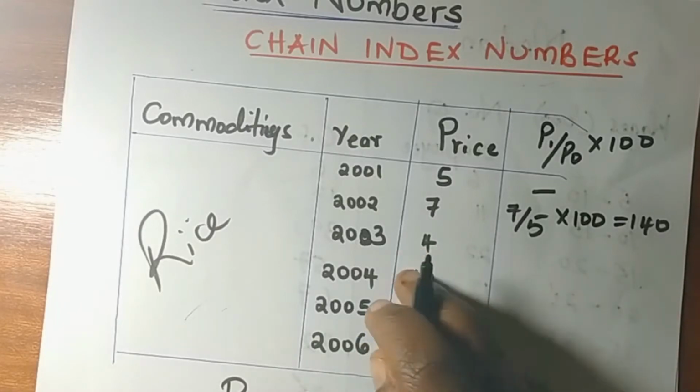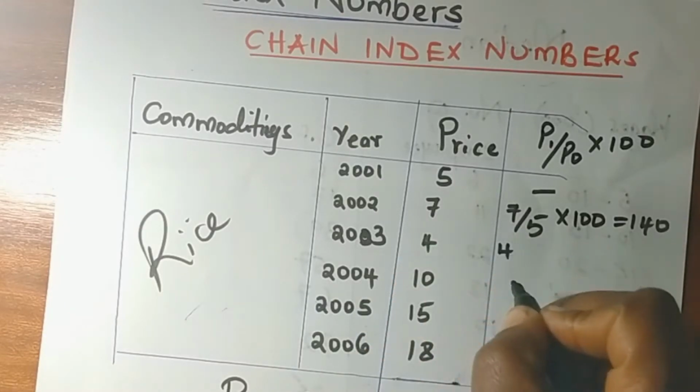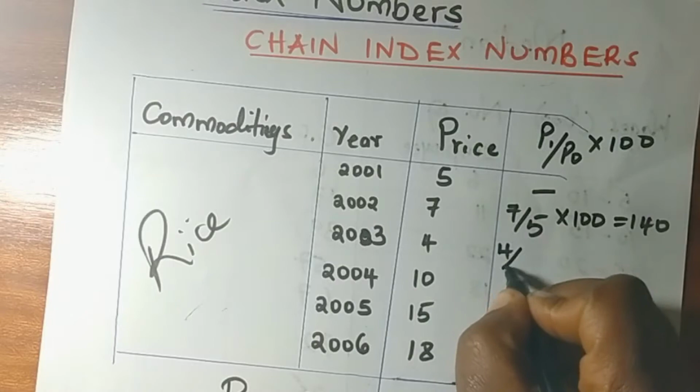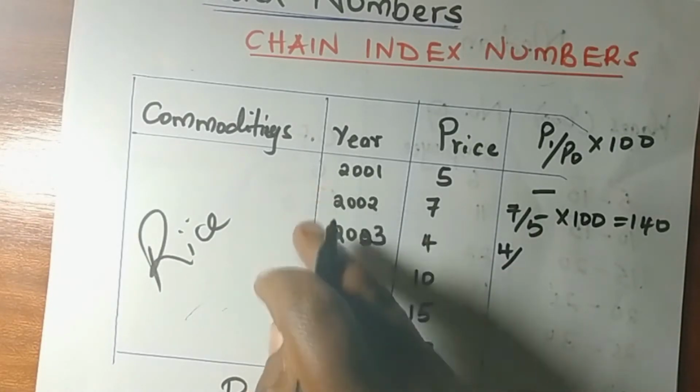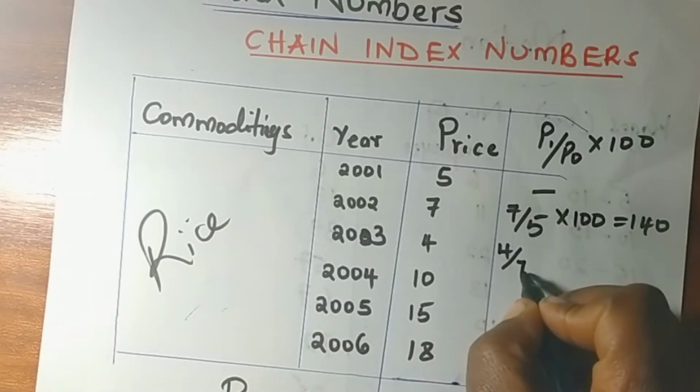That will give us 140. Moving along with the next year, the base now is the price of the preceding year 2002, which was 7.